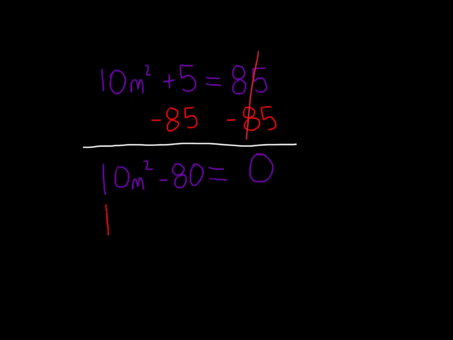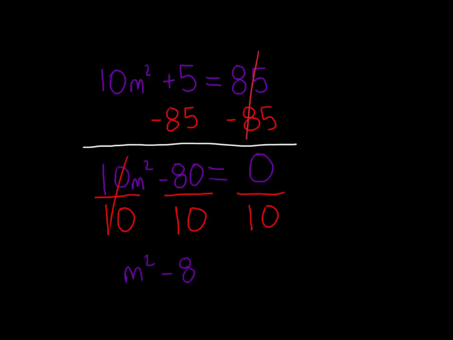And then we can get rid of the 10 in front of the m squared by dividing each term by 10. So far, so good. These will cancel, leaving a single m squared minus 8 equals 0.